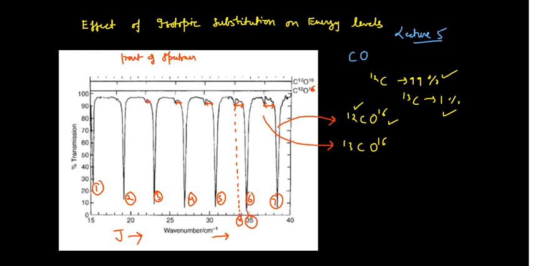That means the heavier isotope, see, if you have the heavier isotope, then it will have low rotational energy, low Fj. Its rotational energy would be very low. That means its wave number would be low when compared to the high intensity peak.